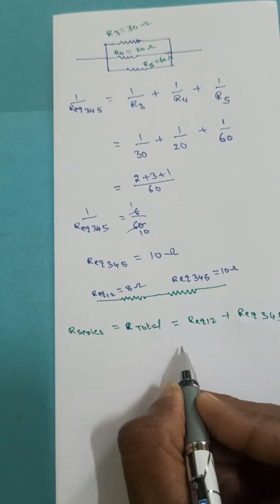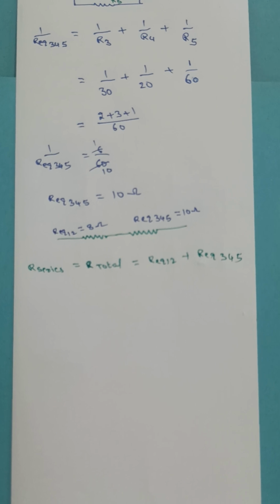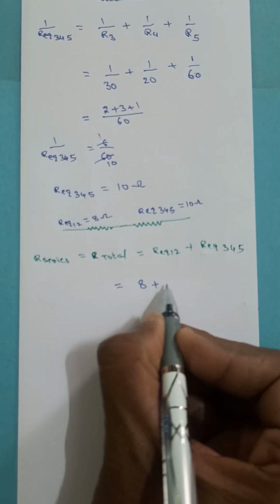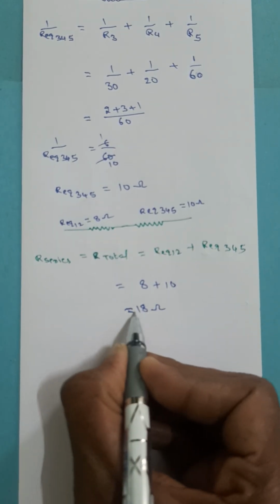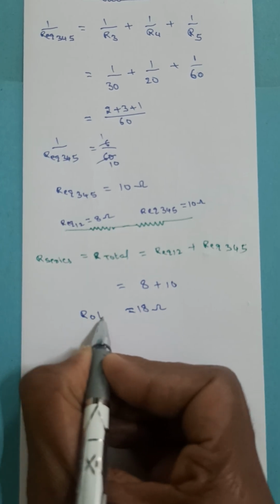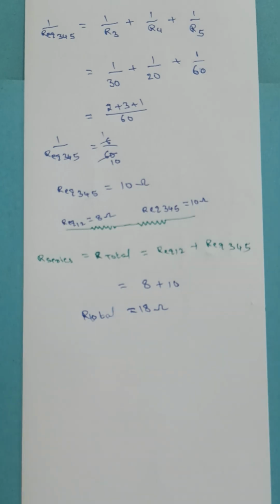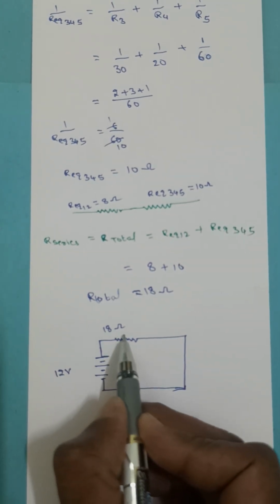You substitute the values. 8 plus 10, 18 ohms. R total, means total resistance, is equal to 18 ohms. So total resistance 18 ohms you got.